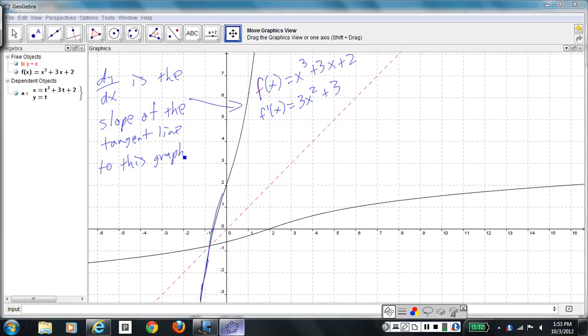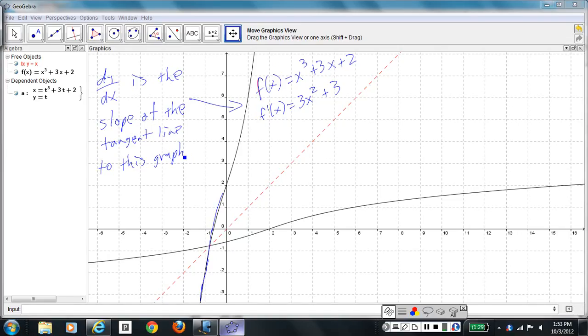That one right there. dy/dx, that's what that represents. It's the derivative, the slope of the tangent line of that graph. Now, if we want to find the inverse of this function, we'd have a hard time doing it. Because remember the four-step process for finding inverses? You replace f of x with y, and then you interchange x and y, and then you try to solve for y in terms of x.